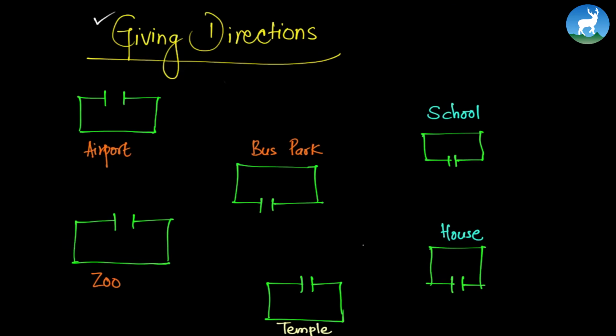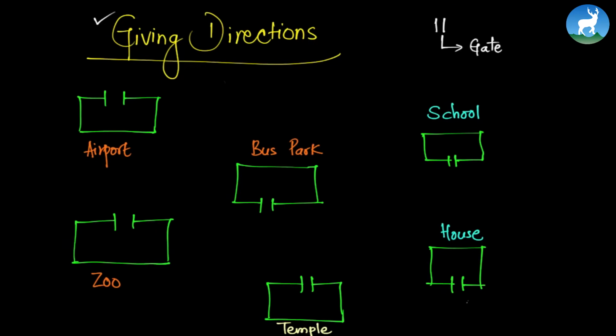It's not that accurate. It is just a sample map, and I'm going to help you on how to give directions. Let us assume that these black spaces between the buildings are the roads, and these two parallel lines are the gate.